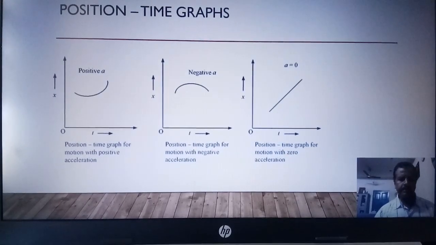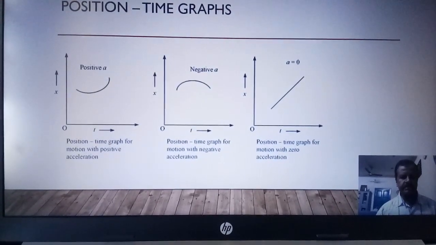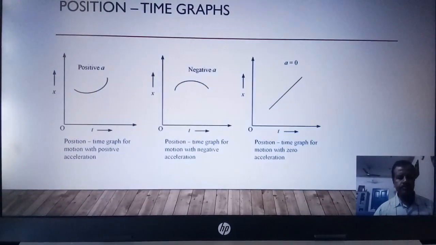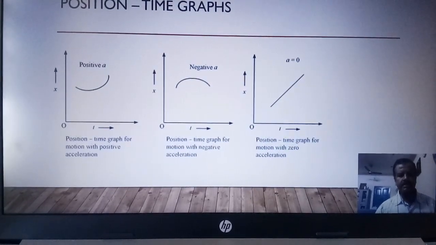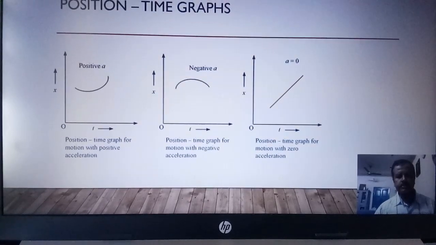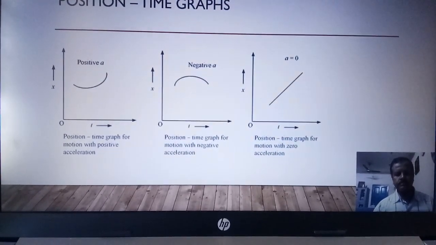So again we can say that the body is under acceleration. In the first case there is an increase in position, so it represents positive acceleration. In the second case there is a decrease in position with respect to time, so that represents negative acceleration.